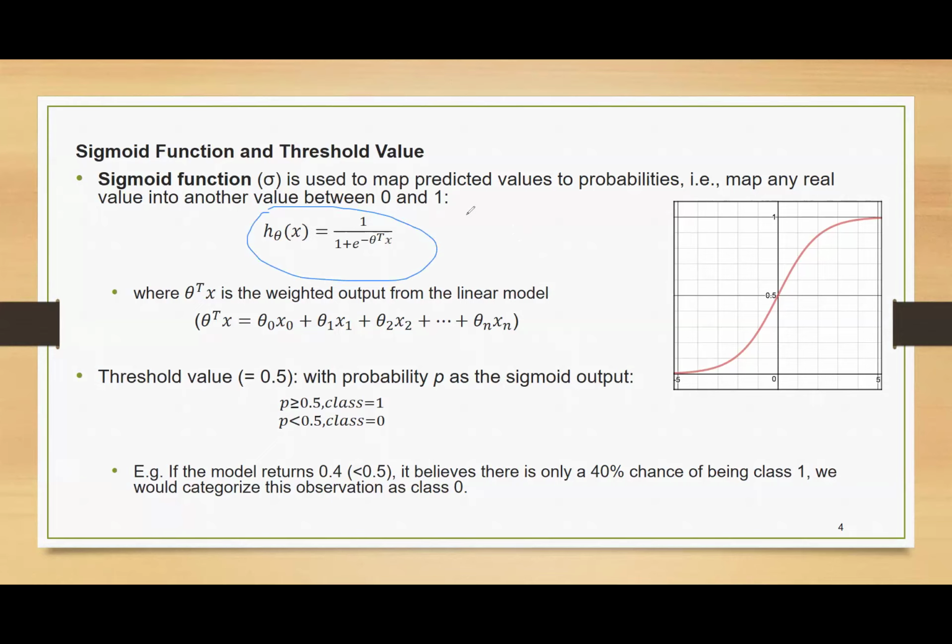Let's see. So last time, we've already talked about linear regression. If you still remember, the function of linear regression that we used as an example is like this: y equals theta 0 plus theta 1 x. This is the hypothesis function that we used in our case.